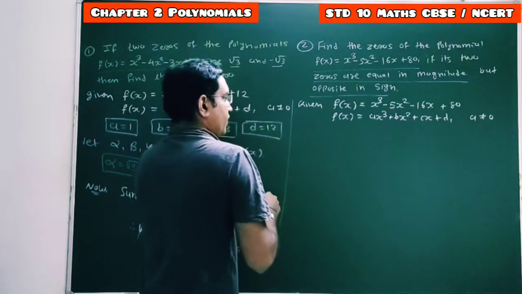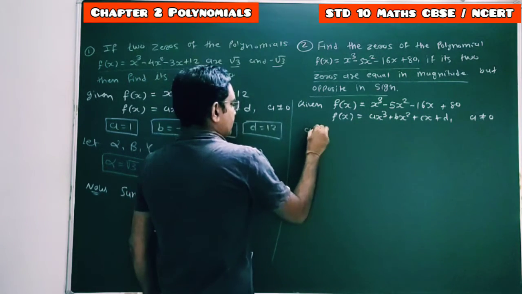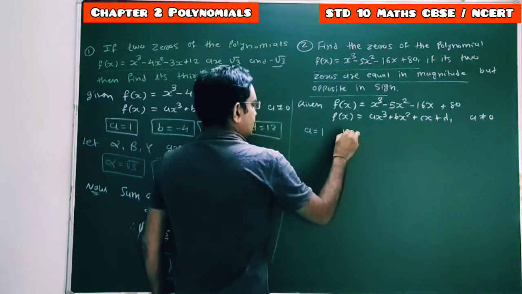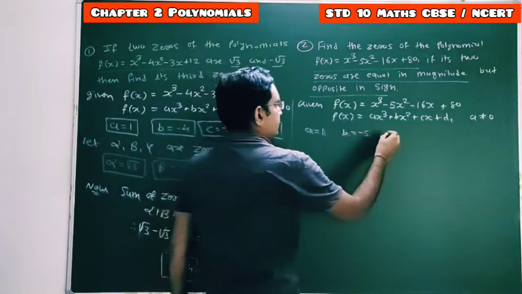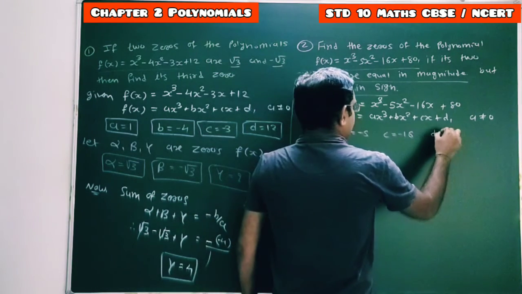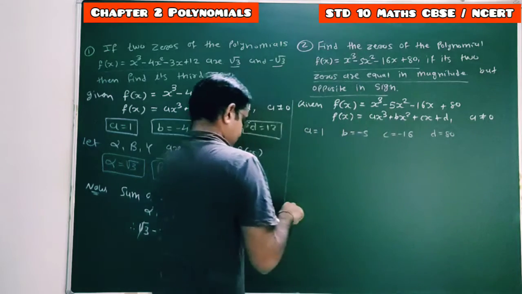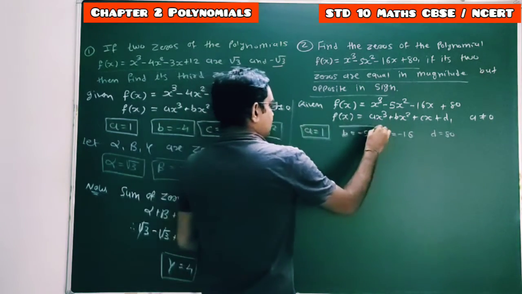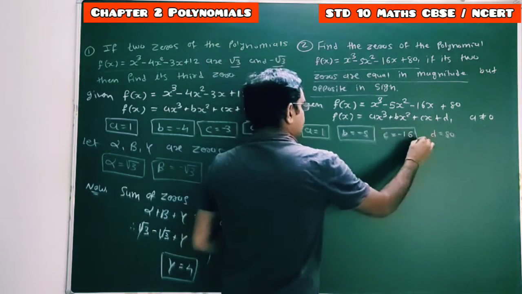So here the values of the coefficients of this polynomial are a equal to 1, b equal to minus 5, c equal to minus 16, and d equal to 80. These are the values of the coefficients.